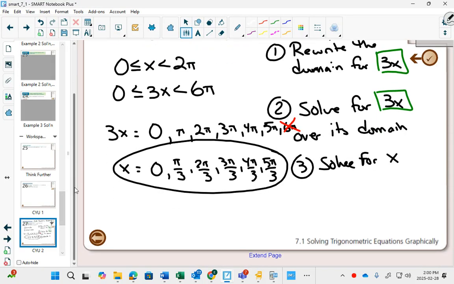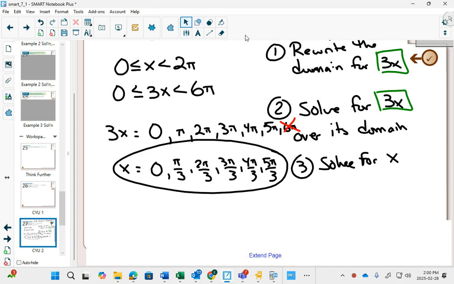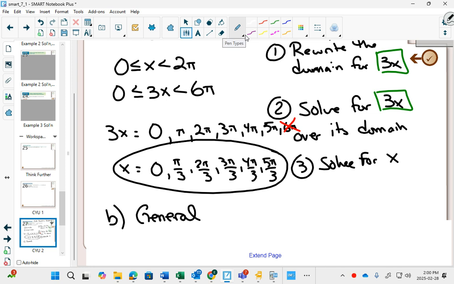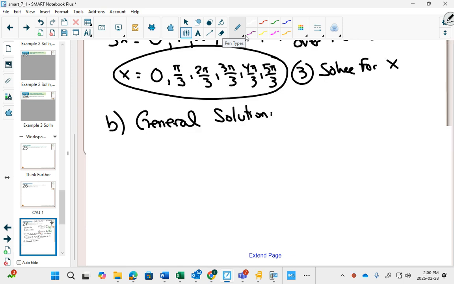Then in part B, it says to write the general solution. So we wrote down our steps for writing the general solution. Step 1 was solve between 0 and 2 pi. We did that already in part A. We have circled right there, those are the answers between 0 and 2 pi. And now we want to write the general solution.